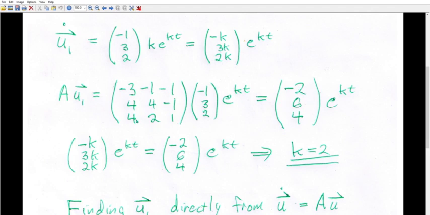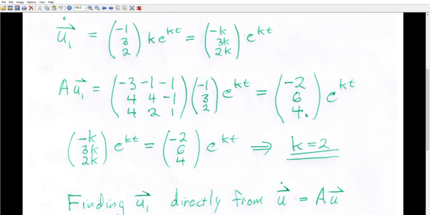And finally, (4, 2, 1) dotted with (-1, 3, 2) is -4 plus 6 plus 2, which gets us 4. So Au1 is (-2, 6, 4) times e to the kt.